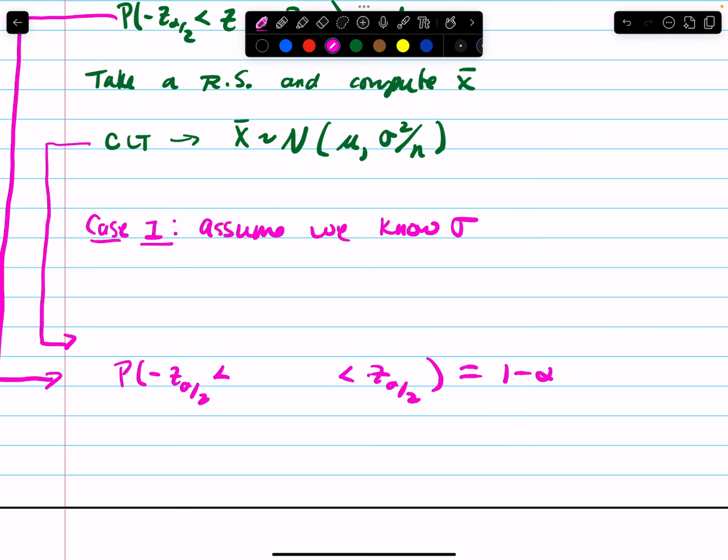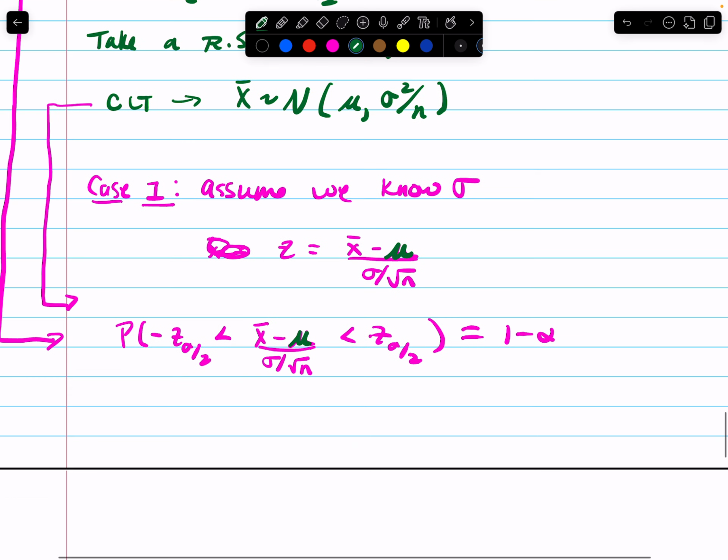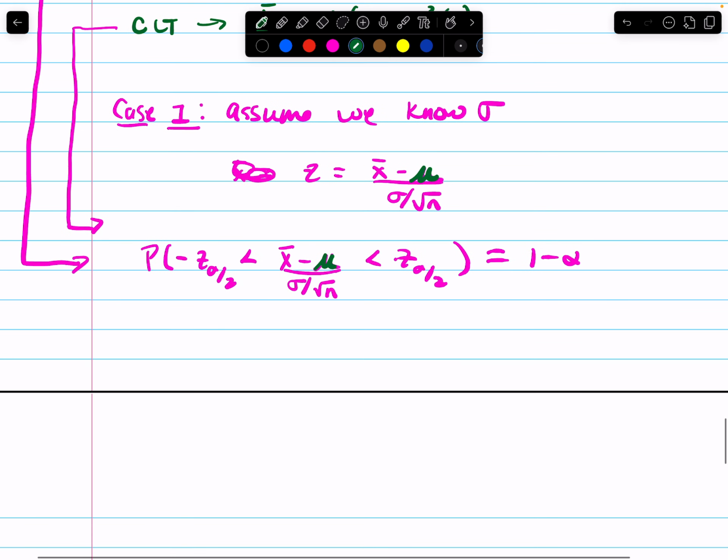And we're going to convert our x bar to a z-score. So z is equal to x bar minus mu over sigma over the square root of n. This, by the way, is what we don't know. So we're going to replace our z, and then we are going to manipulate this algebraically until we get mu just in between our inequalities.